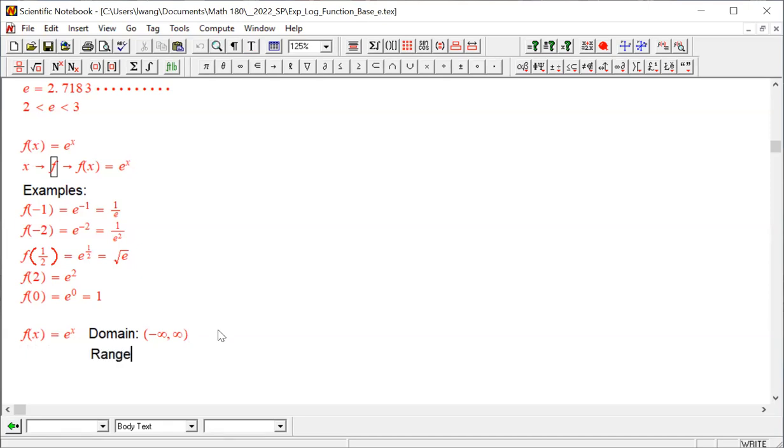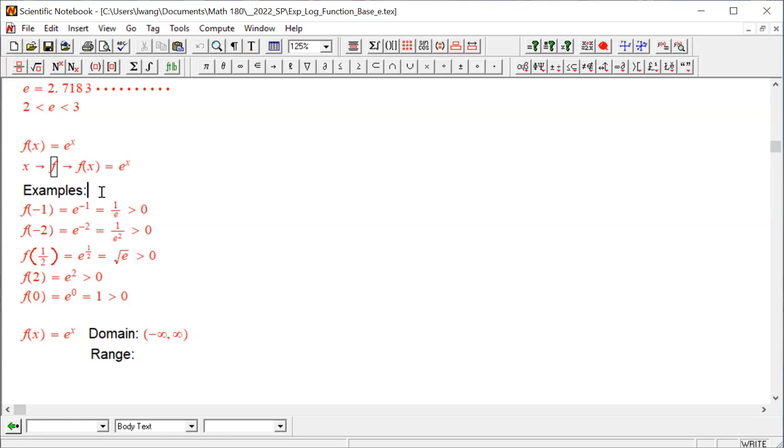The range, okay, we can see when our input is negative or positive, all of these outputs are always positive, regardless of the input.